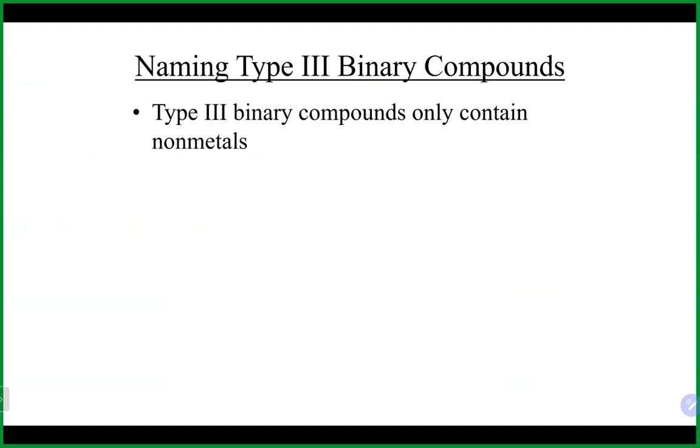So type 3 only contains nonmetals, which means we do have that sharing of electrons. Pretty much the way that we name these is we use the prefix if necessary and the whole name of the first element that's in the formula.